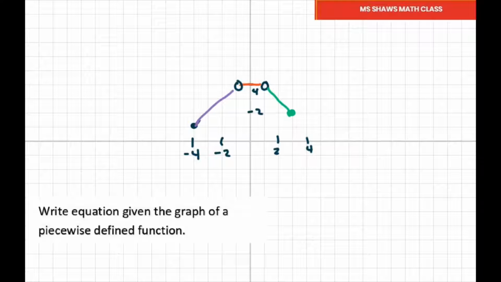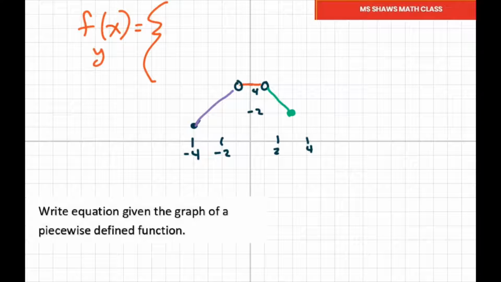So we're going to get f of x, and we're going to read the graph from left to right. This one was y equals x plus 5. And this is when x was in between negative 4 and negative 1.